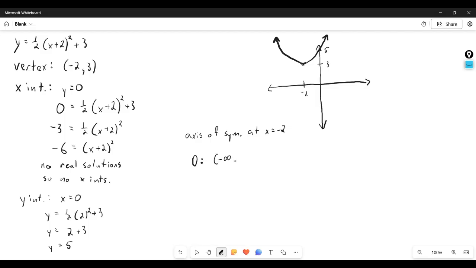There's no x you can put in there that will break it. Range, this time there's a minimum value for y. It goes as low as 3, right? And then it's all up from there. So the lowest point is 3. You always put the lower number on the left, the higher number on the right. It goes all the way up to infinity. Nothing will stop that quadratic from going up.